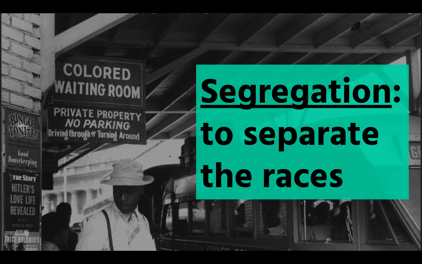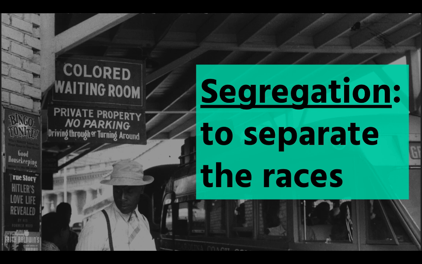Okay, so our next definition I'm going to throw at you, we covered it earlier if you were here in class, but segregation is a word that explains how the U.S. really was for quite some time. And segregation means to separate. Right? The words look a little similar, can help you remember. Segregation is separating the races.